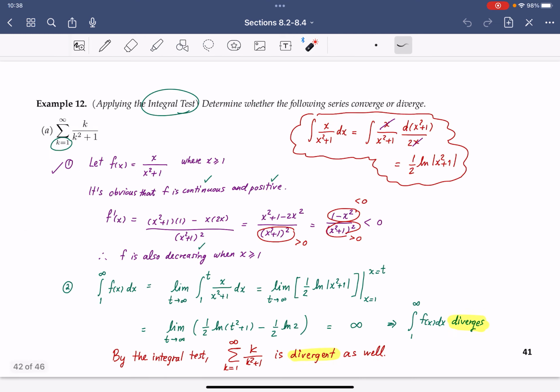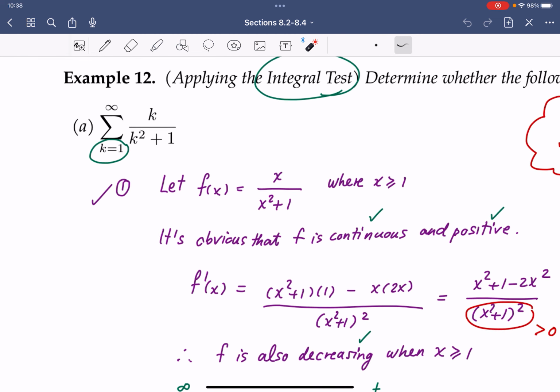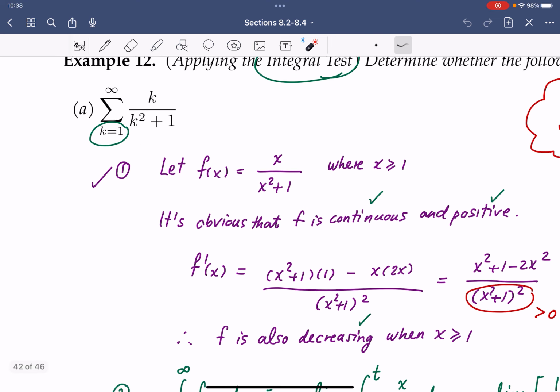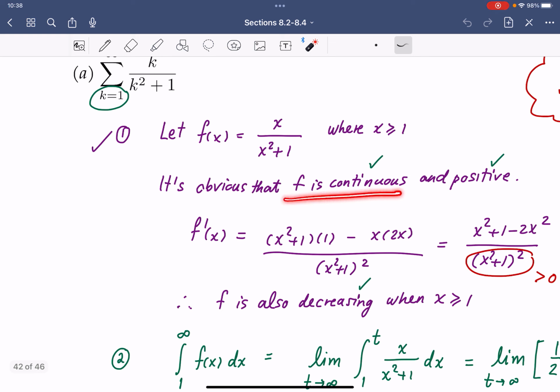Last time we did the integral test here with the summation from k starting from 1 to infinity of k over k squared plus 1. I let f(x) be the same function, just switching k to x. It is obvious that f is continuous, of course, because there is no 0 on the denominator, so it is always continuous.